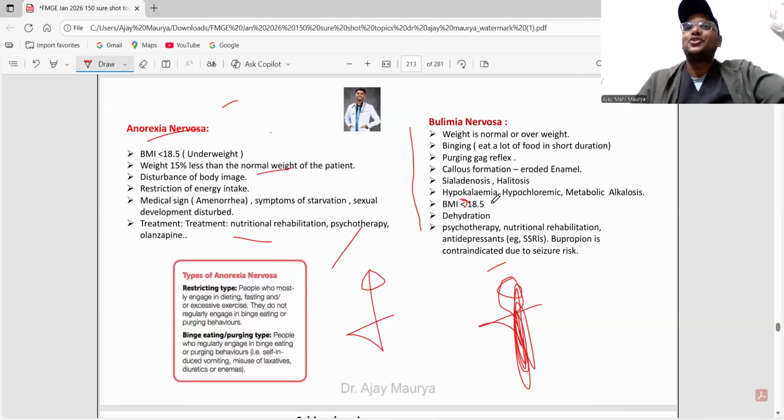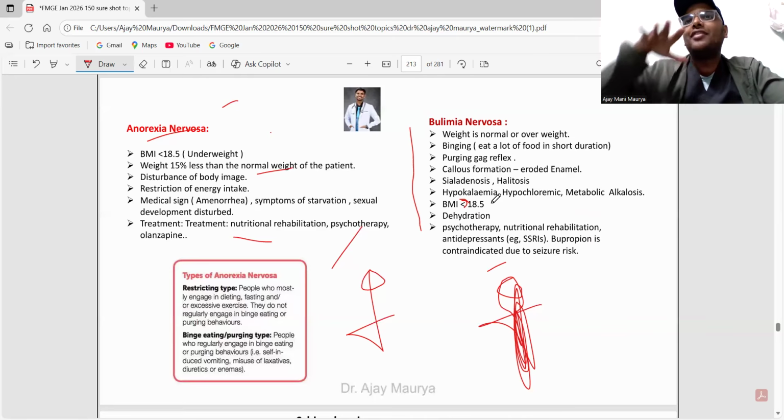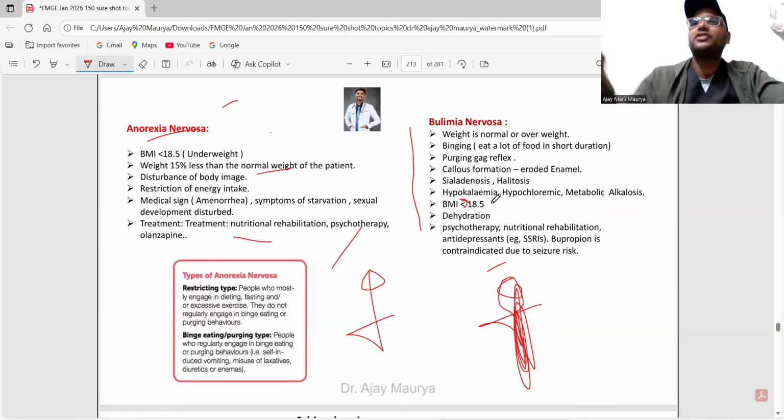Whatever he was eating comes outside, so the acidic content also comes out. So there will be metabolic alkalosis in the body, and hypokalemia.